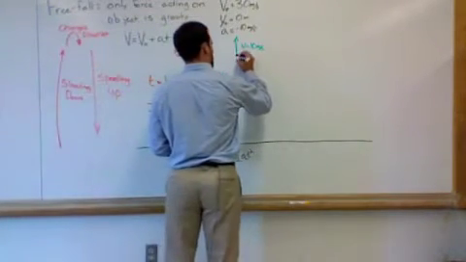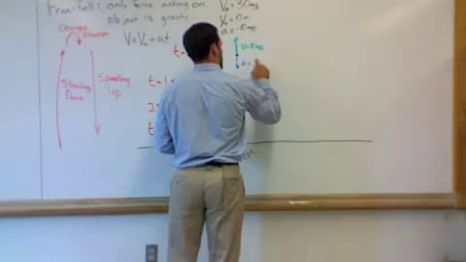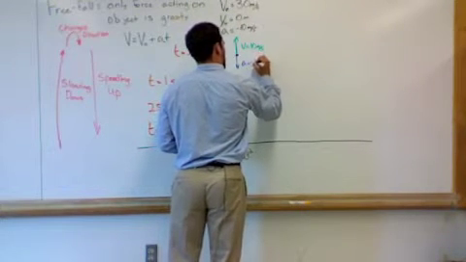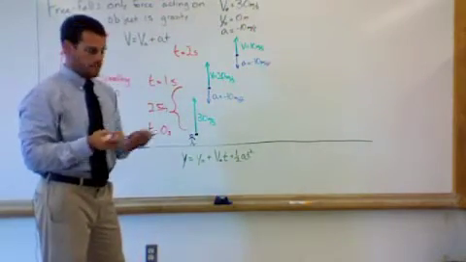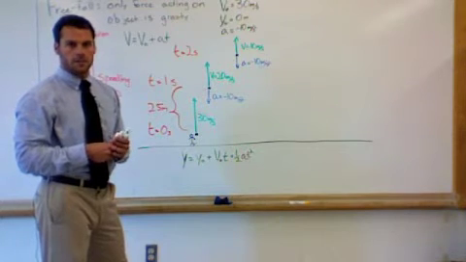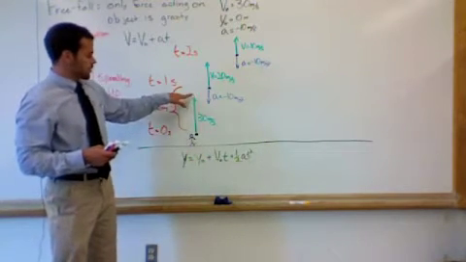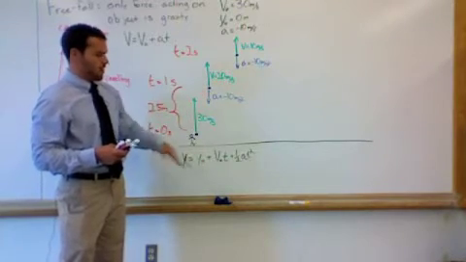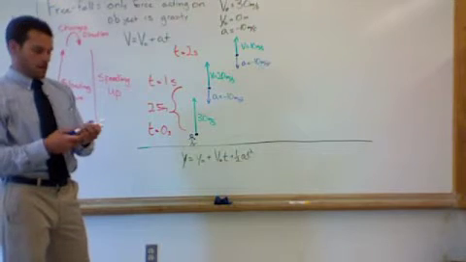We still have negative 10 meters per second squared. In this time, between 1 to 2 seconds, now we need to change our initial position. We'll put in 25 meters, because if we're just concerned with another 1 second here, we'll find that our projectile travels only 15 meters in this second.